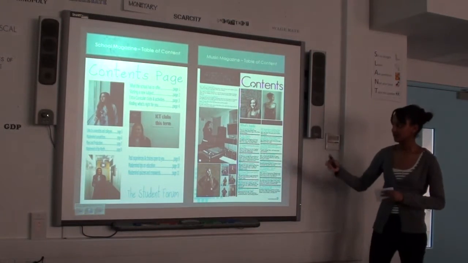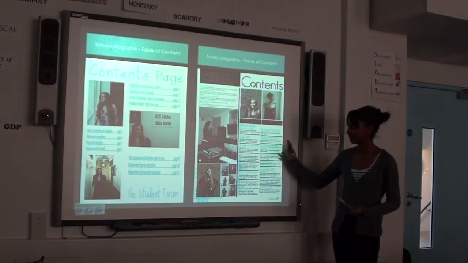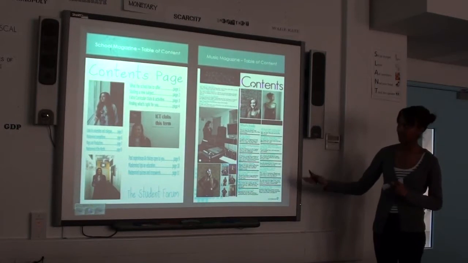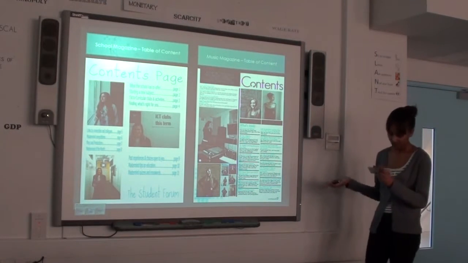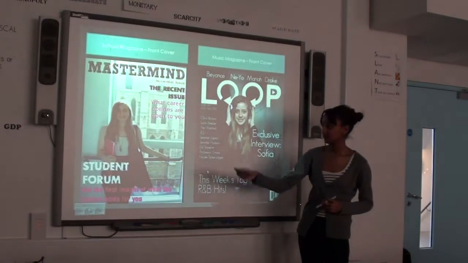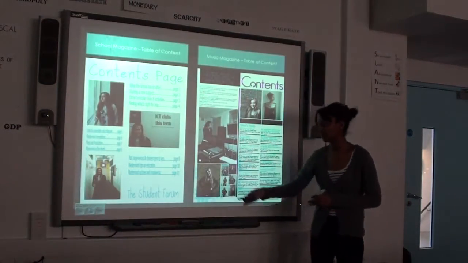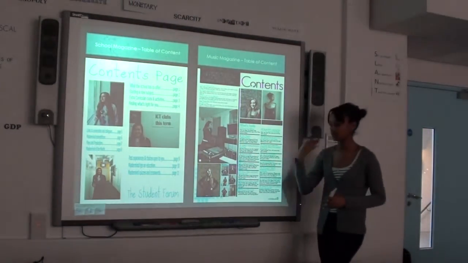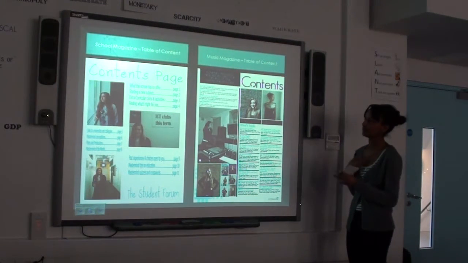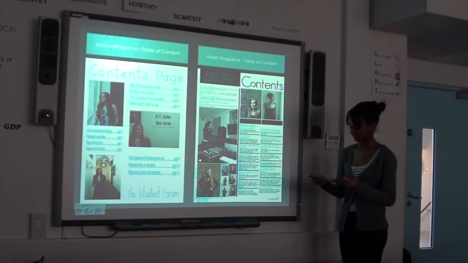Whereas this one looks professional, and it looks creative, and it looks more targeted to my audience. And this is clear and concise and follows a clear theme, whereas this one has no apparent theme, which is completely contrasted with my music magazine, which is pink, and this is blue. So I've clearly shown my progression there. Now I think I've excelled more, and it's more useful to me now.